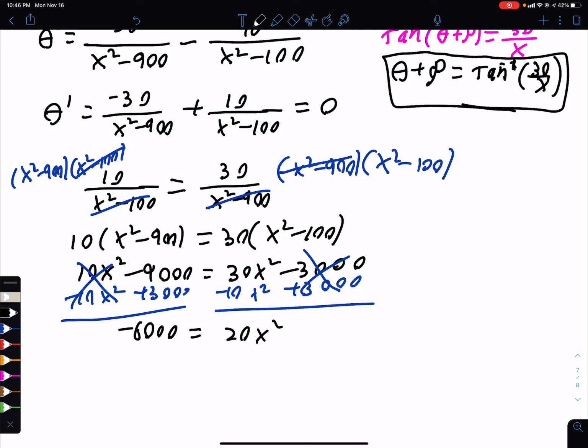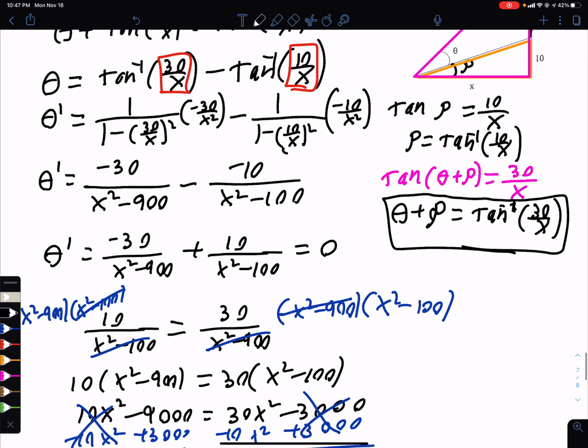Yeah, I'm just not seeing it right now. Okay, trust me. I made a mistake somewhere. 20x squared. The 9,000, it should have been a plus. Okay, these should have been plus for some reason.